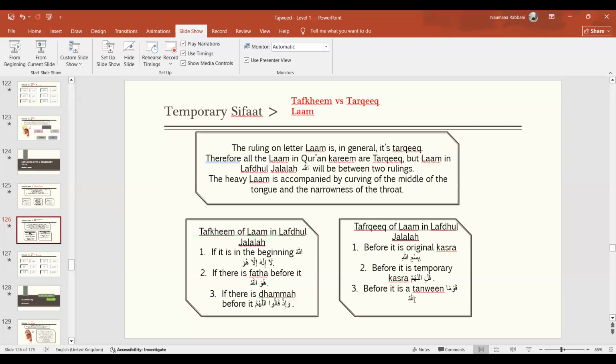This is hamzatul wasl of al. So the first thing coming next to qawman, noon after tanween, is the lam after al. So two sakinas.